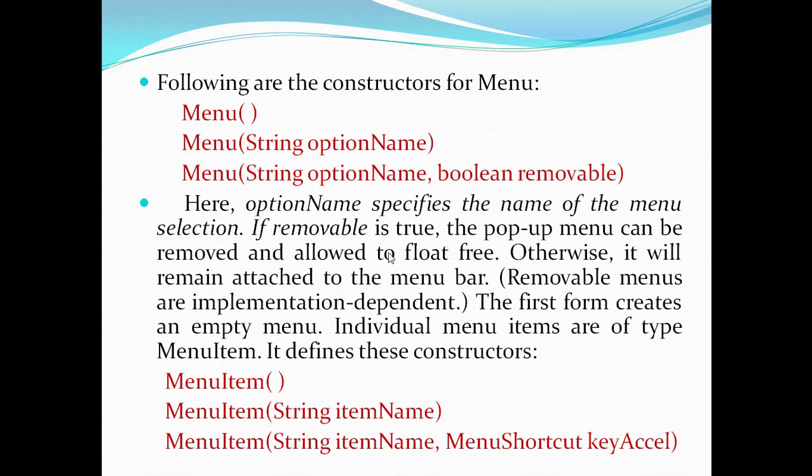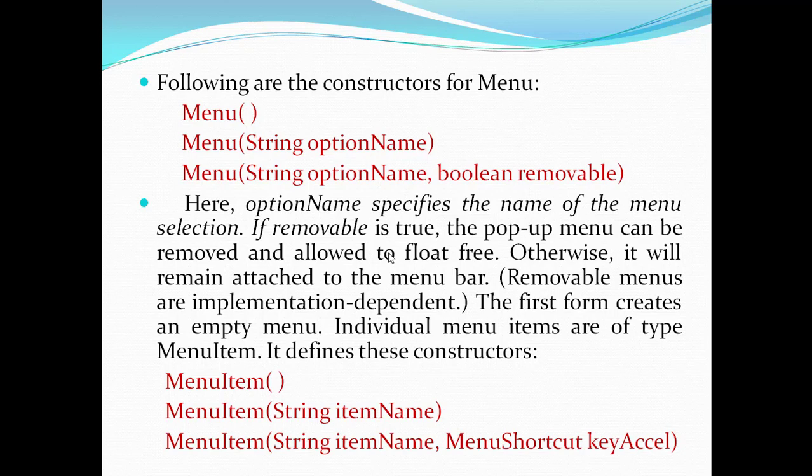Following are the constructors for the Menu class. First, Menu() default constructor. Second, Menu(String optionName). Third, Menu(String optionName, boolean removable). Here optionName specifies the name of the menu selection, like file, edit, view, window, help.